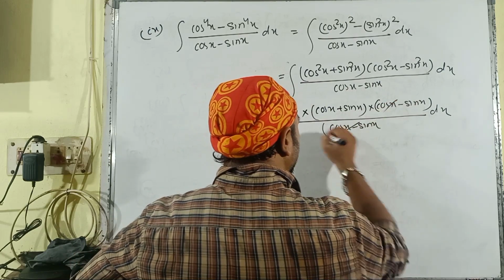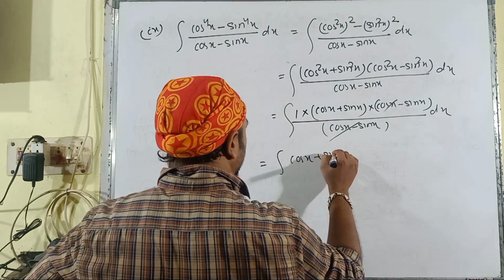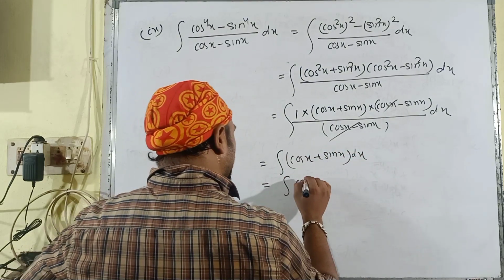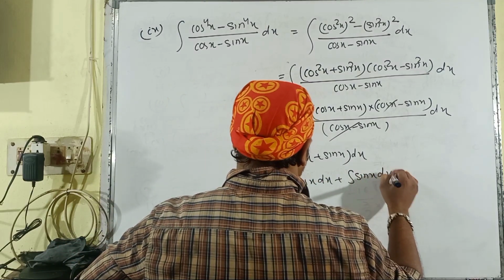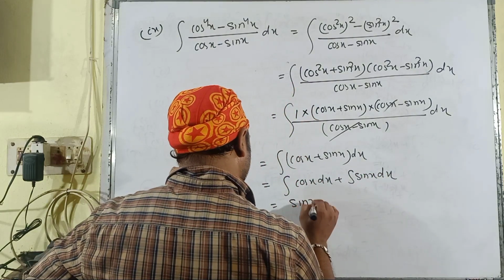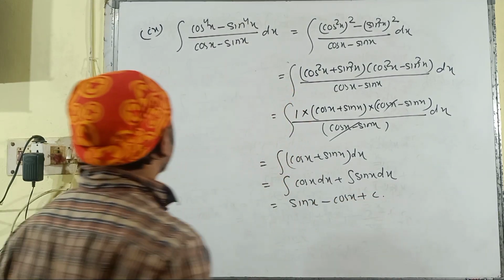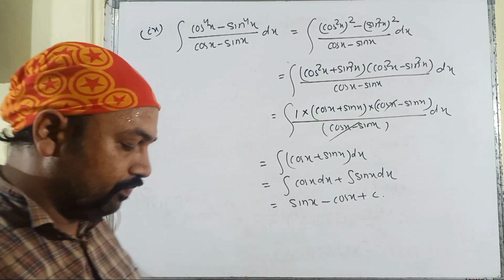Cancelling the common parts, the remaining part is cos x plus sin x, and its integral with respect to x. Then integral of cos x dx plus integral of sin x dx, which is sin x minus cos x plus any constant c, which is the answer for the 9th bit of number 2.